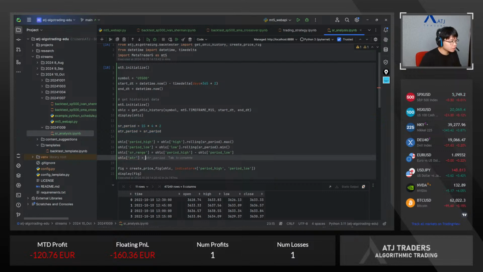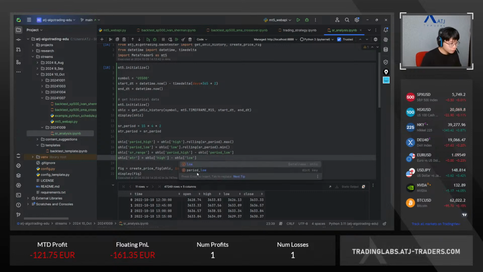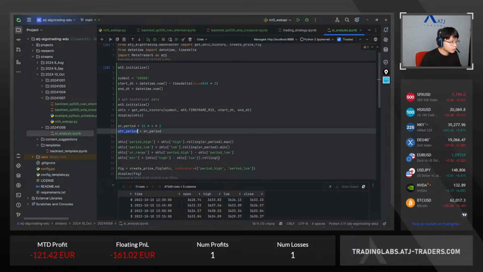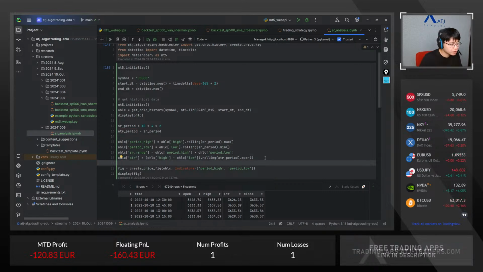So to compute the ATR, we just take the OHLC data. We need to take the high minus the low. And then we apply rolling. And then we compute the average, right? So ATR stands for average true range, which means we need to compute the average or the mean for a specific range.